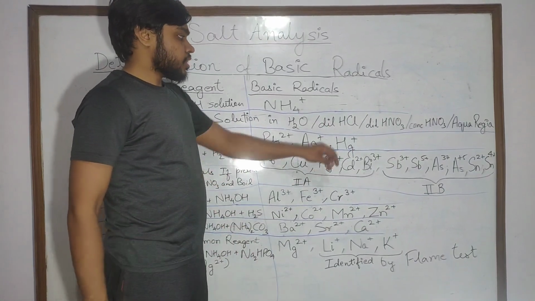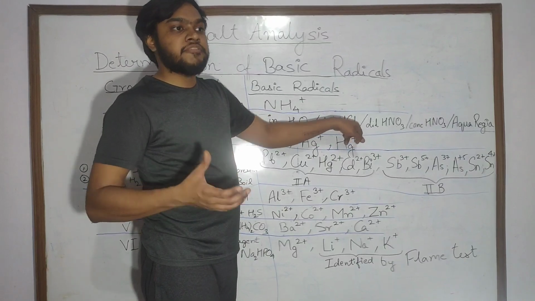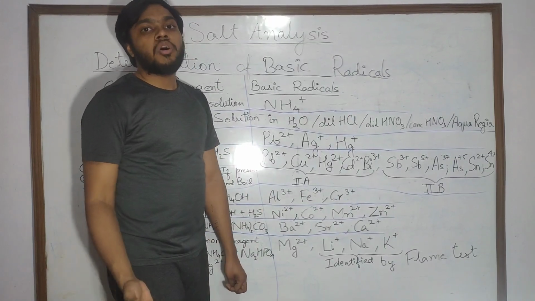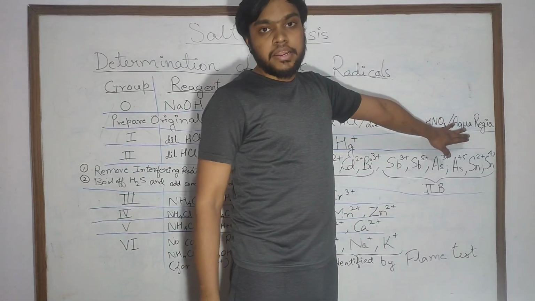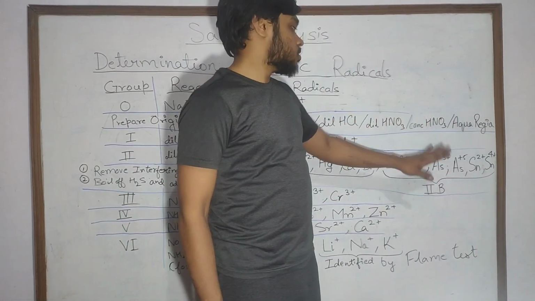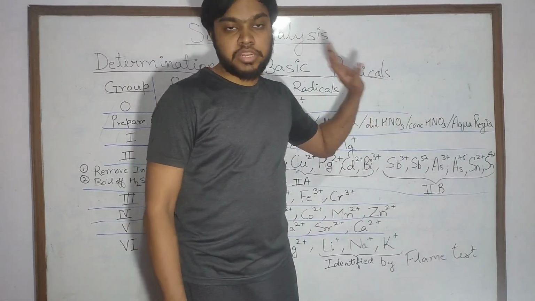If it does not dissolve in cold dilute HCl, we try heating it and see if it can dissolve in boiling hot dilute HCl. Only then do we proceed to making the original solution in nitric acid and aqua regia.